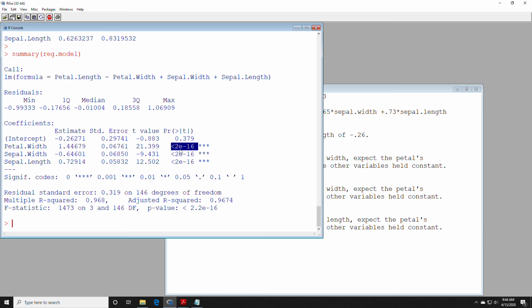So all of them are basically 0. In each case, we reject the null hypothesis that the parameter is 0, so we reject that beta 1 is equal to 0. And so we have evidence that it's not equal to 0, and thus we have evidence that petal width is related to petal length. Same thing with sepal width, same thing with sepal length. You take them one at a time.